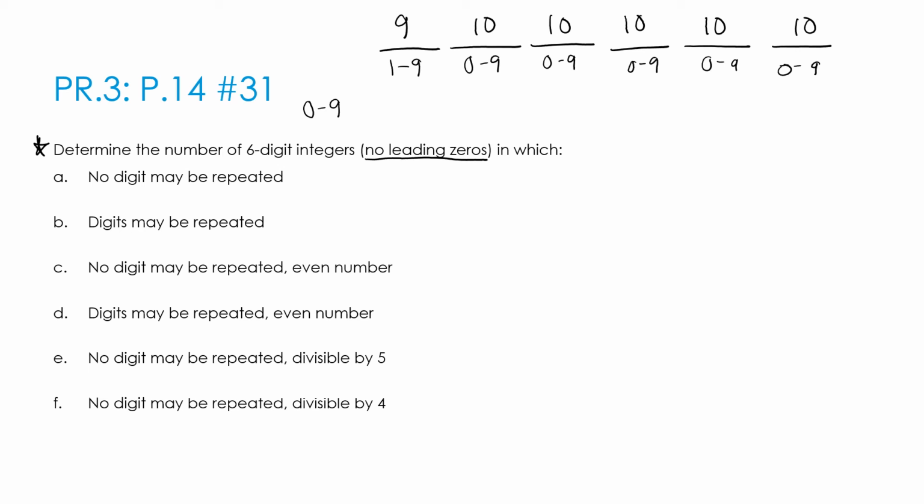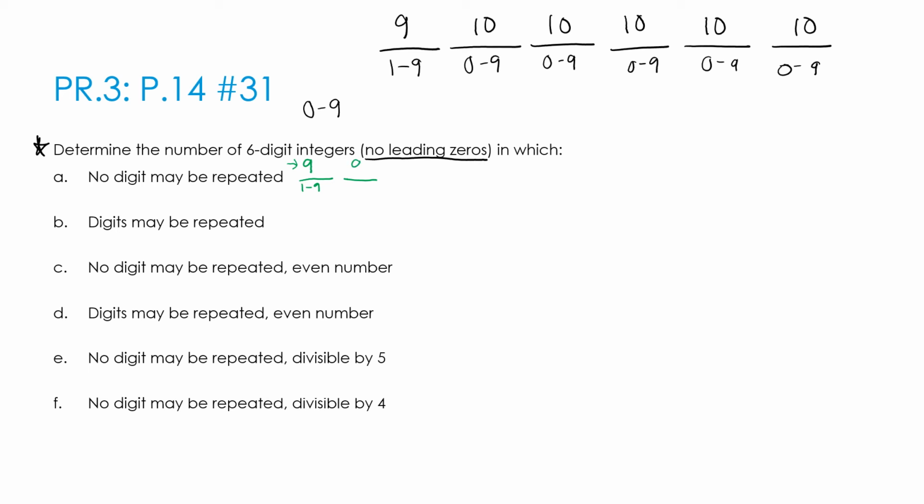So now let's try to answer the first question. It says no digit may be repeated. Alright, so let's use what I came up with at the beginning and change it a little bit. My first digit, still 9 options, because I can use any digit that I want except for 0, 1 through 9. This guy can be any digit except for whatever I put here.